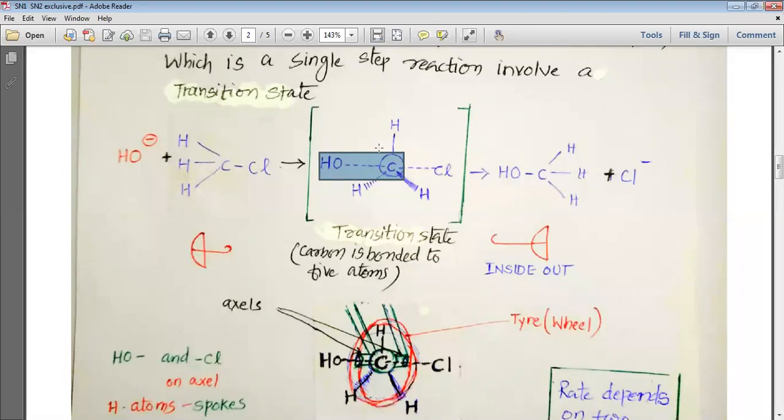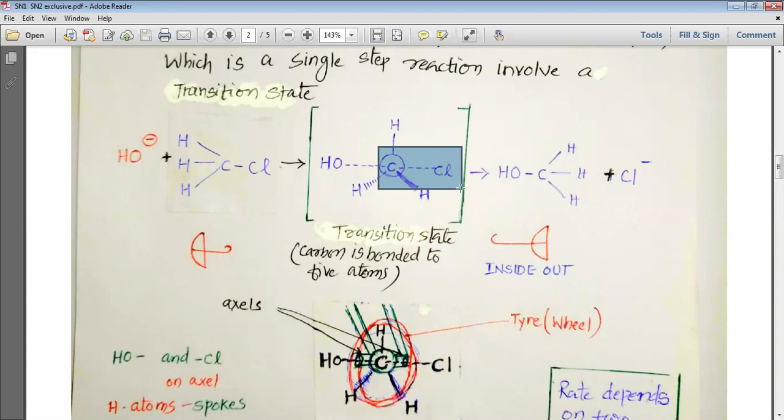At the same time, my dear students, the bond between carbon and chlorine is in the state of being broken. It is breaking itself. So the bond has not completely been broken. The bond is still there, and still it is breaking itself.